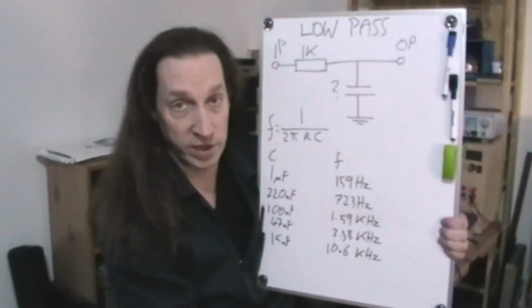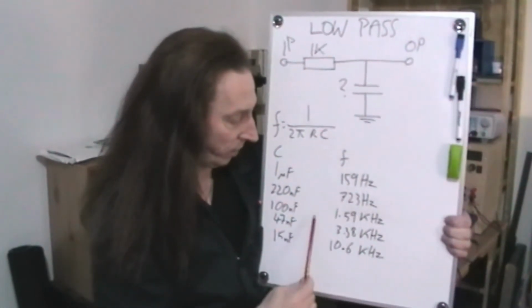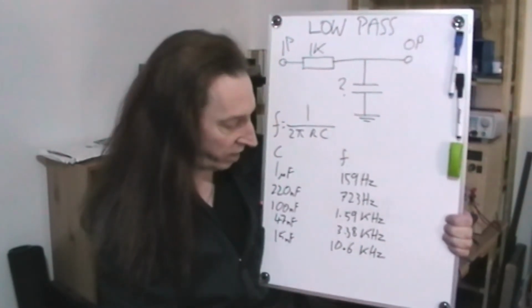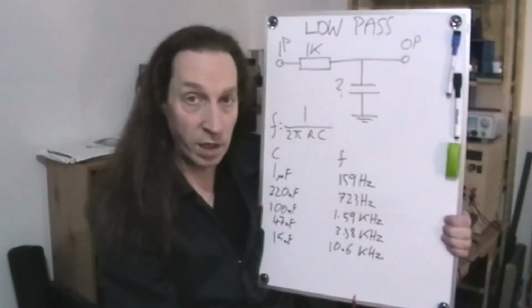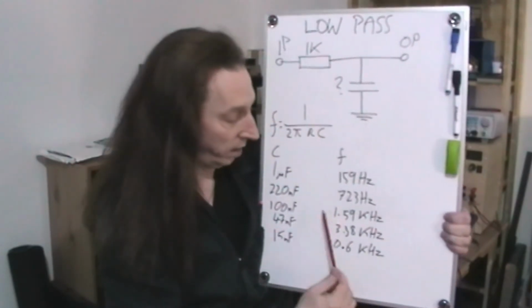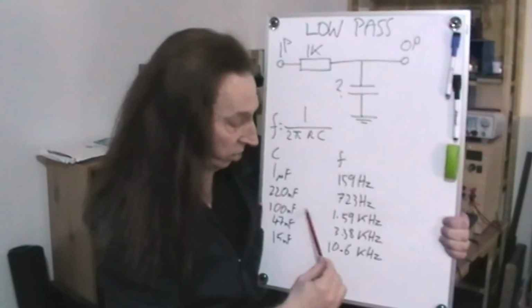So I suppose it all comes down to what I want to see at the output, depending upon what the cut-off point is. So I mean, 100 nanofarad seemed quite good. If I was looking at low frequencies below, say, 5 kilohertz, well, below 2 kilohertz really, I'd want to see them. I could use 100 nanofarad.